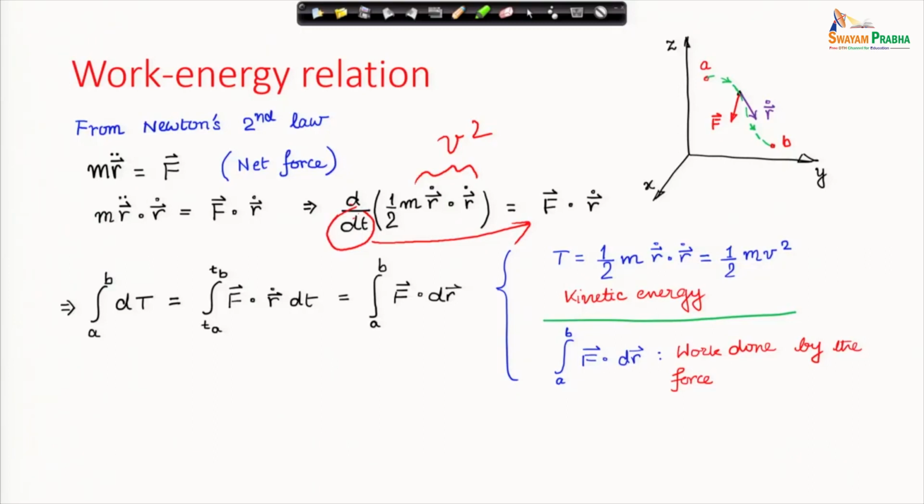If dr is the infinitesimal displacement, then F dot dr is the infinitesimal work done, and I have integrated this whole equation as the particle moves from this point A to this point B. So, the particle is moving on a certain path under this force from point A to point B in the Cartesian space, let us say.